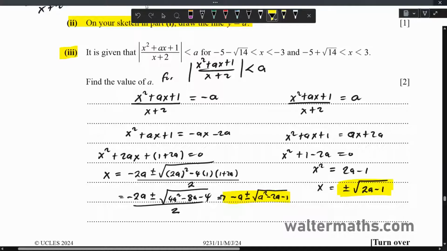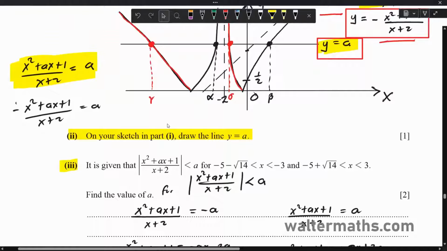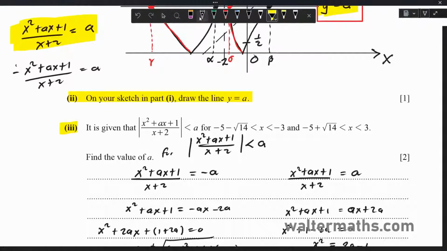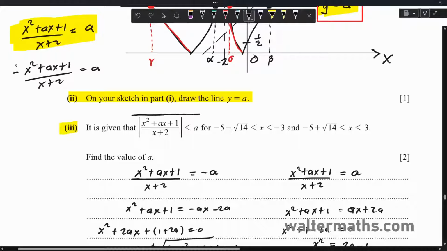Okay, all right. Now, according to the question, the solutions we should get for the inequality. Let me remove this to make sense of it because we're almost done. I really want you to understand what's going on. So to solve this, Amira, the modulus graph is less than a.